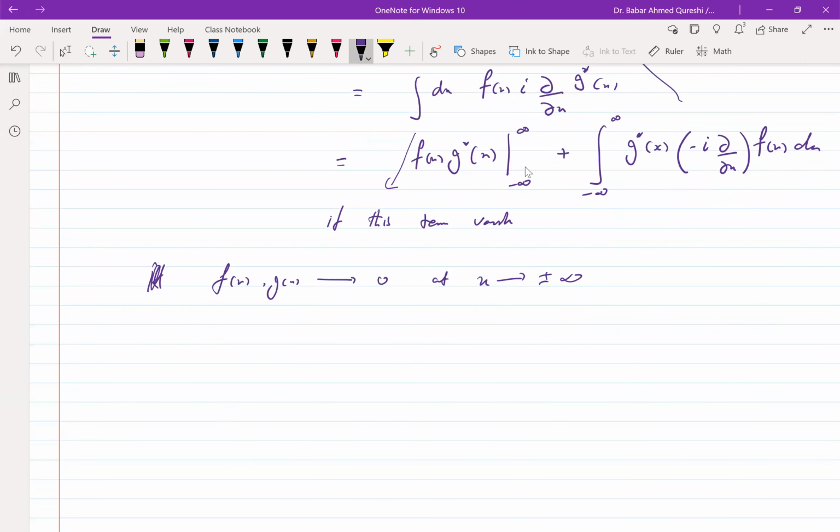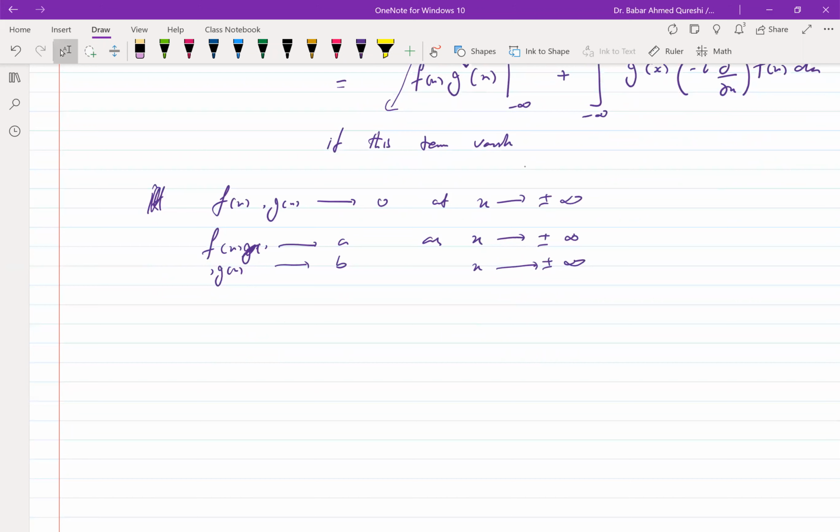Or if they take periodic values, that f of x and g of x go to the same number, they have a limit as x goes to plus or minus infinity, even then you will be fine, because this term will not be there. But the issue is that I'm also considering these functions.